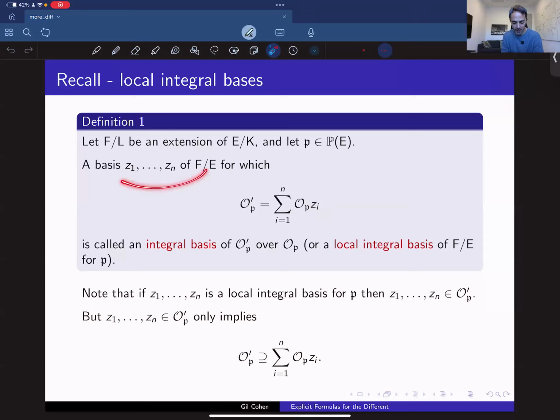So if that happens, if this basis has this property with respect to little p, then we say that this is a local integral basis or an integral basis of O'_P over O_P.